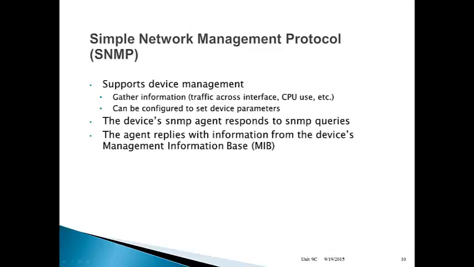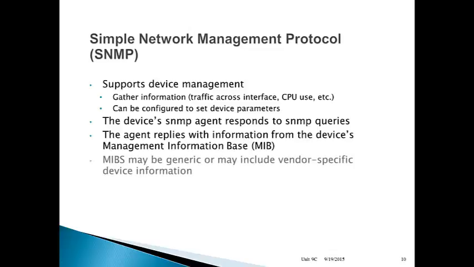The MIB is actually an abstract organization, a presentation of this information. Where it really comes from are hooks into the device's operating system that tell you things like CPU use and network traffic. MIBs may be generic. There are standard MIBs for things like network traffic through an interface, and there are vendor-specific MIBs.